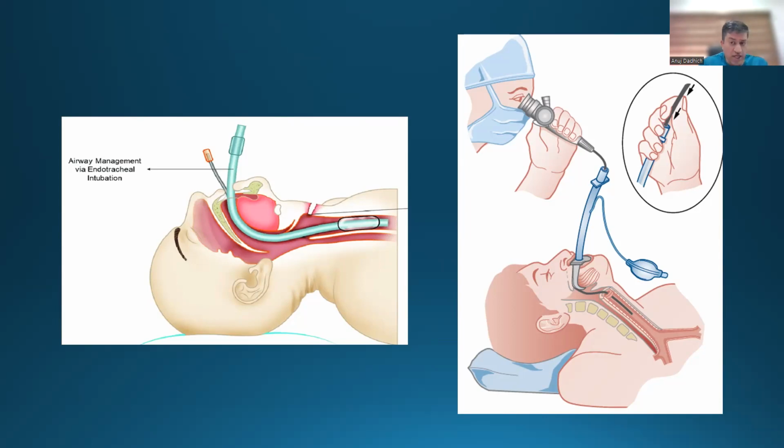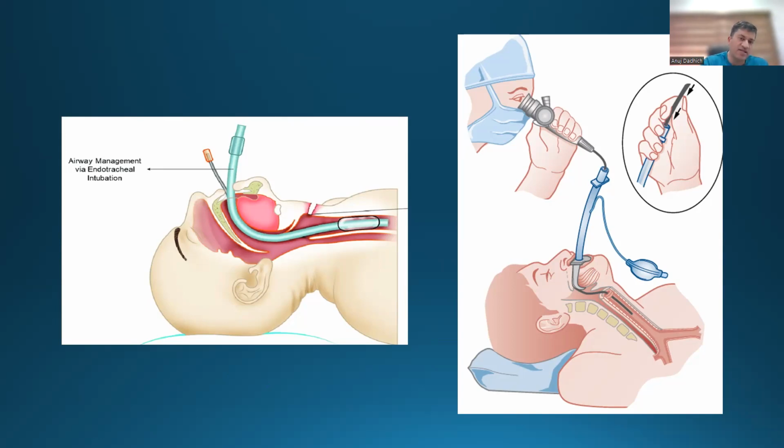Now, what is the better choice? Better choice is called fiber optic intubation. In fiber optic intubation, a small camera is passed through the nose or through the mouth. We bypass all the structures, we enter the vocal cord, we enter the trachea, and along the path created by the camera, a tube is passed and inserted into the trachea.